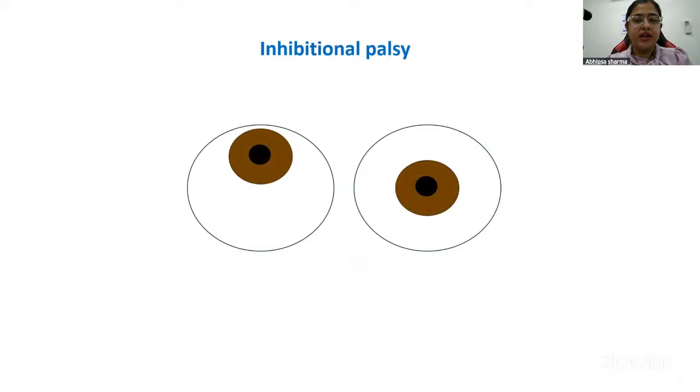So what is the clinical significance? In cases of superior oblique palsy, we sometimes see an inhibitional palsy in the other eye whenever the eye which has the superior oblique palsy is fixating. In this case, the right eye has superior oblique palsy. Here, as you can see, this is the right eye and this is the left eye. The right eye does not depress properly, so it is a little elevated. It is hypertropic, and the left eye is fixing.